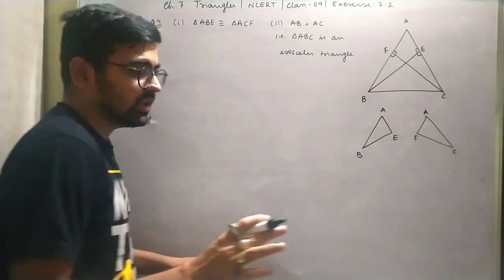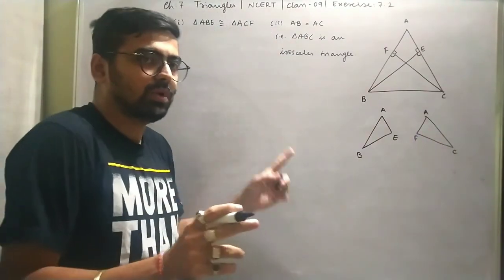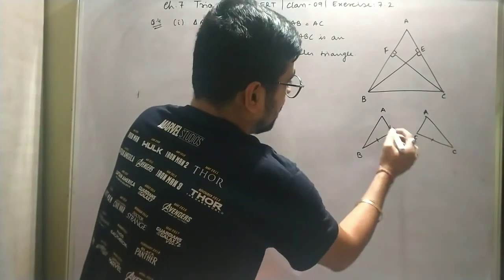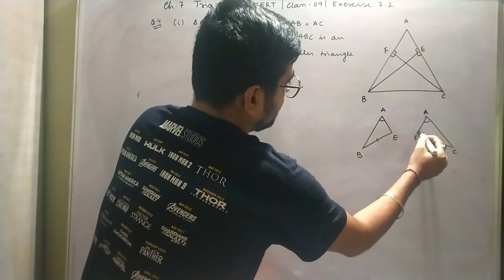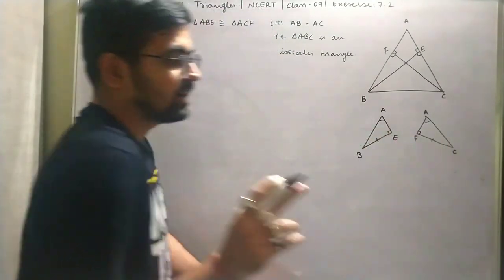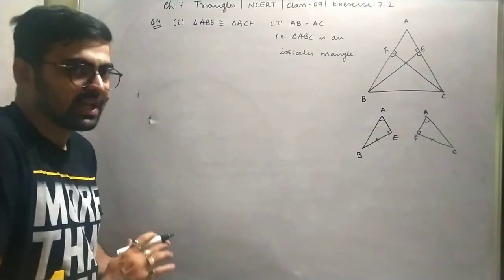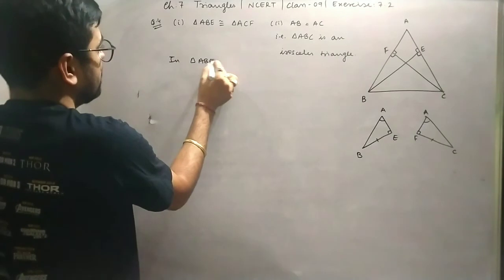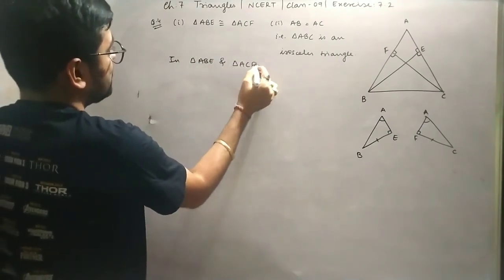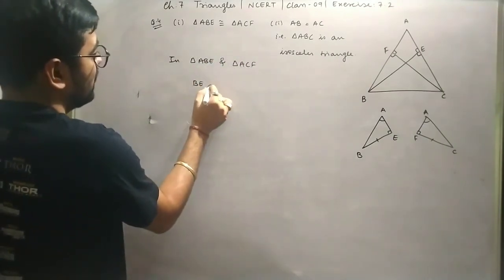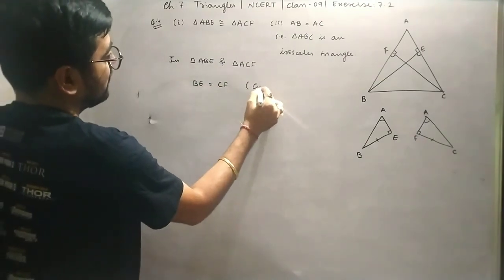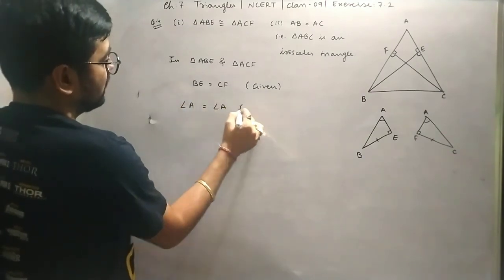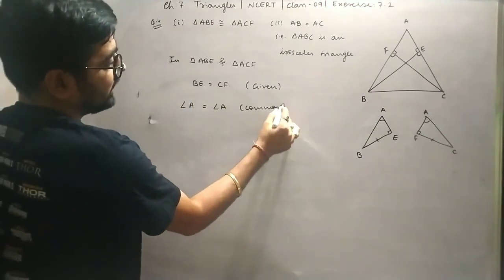Now again we will do it the same way, but in the previous problem we know that AB and AC are equal. Here we know that BE and CF are equal. Again angle A is common and this is 90-90. So this will also be proved by angle side, but this is how we are supposed to do it. Correct? So let me talk about triangle ABE and triangle ACF. BE equals CF, given. Angle A common. Am I right?